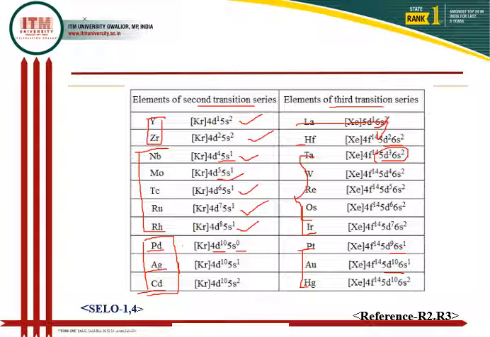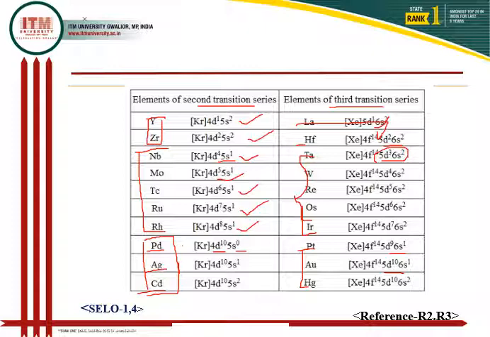Gold is similar to silver and cadmium. We have a difference in palladium and platinum: palladium has a complete 4d subshell, while platinum does not have a complete 5d subshell.